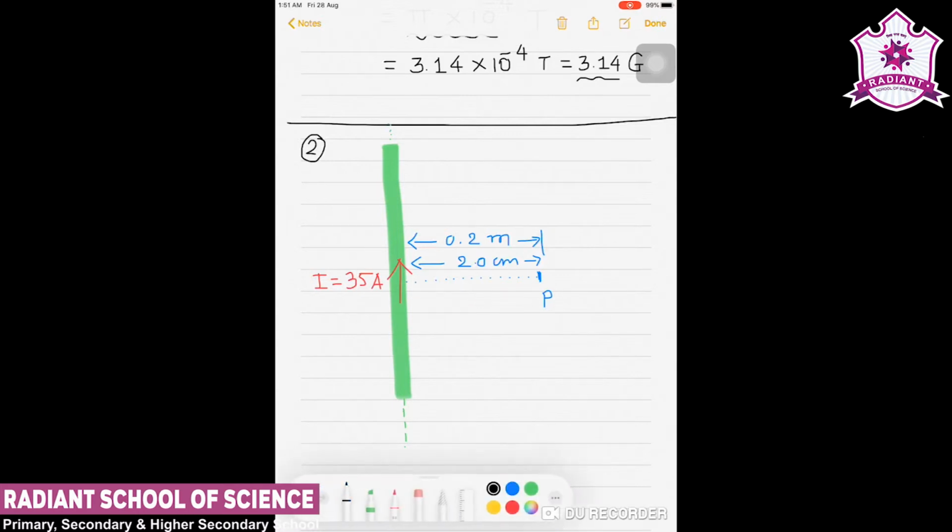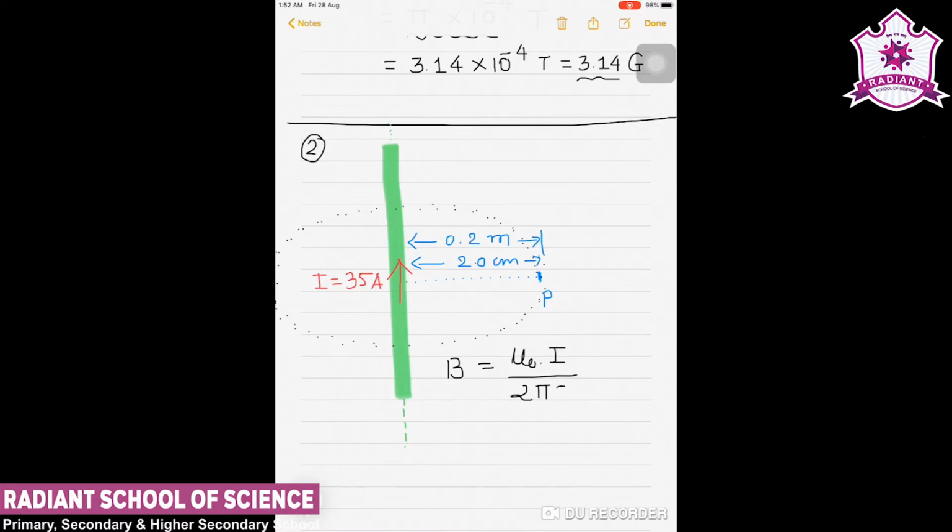If we consider that circular loop around the wire of given radius, as I have shown with the black dots, so if I consider the Amperian loop around the wire, then I can apply the very well known equation, that is B equals mu 0 I over 2 pi r.